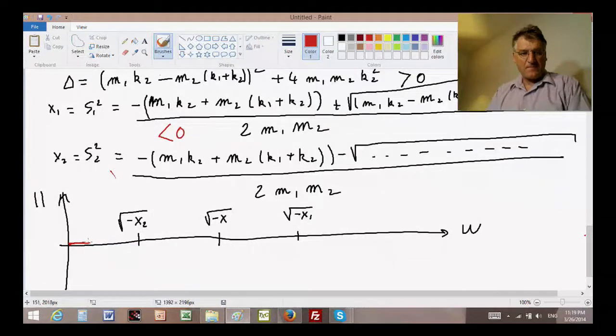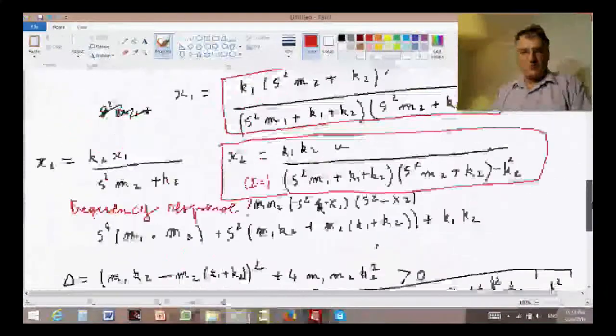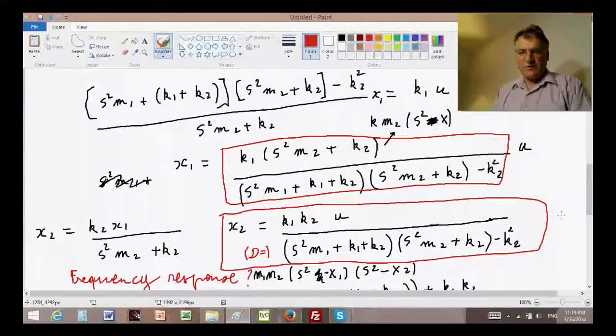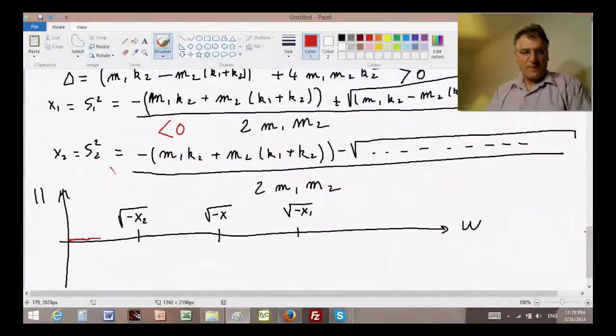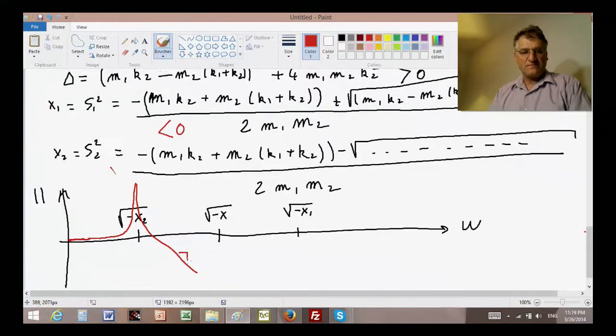Now, for the first transfer function, for the second transfer function, which I write in red, we will first encounter a resonant peak at minus K2. And then, past this, we will go down with a negative slope of minus 2.